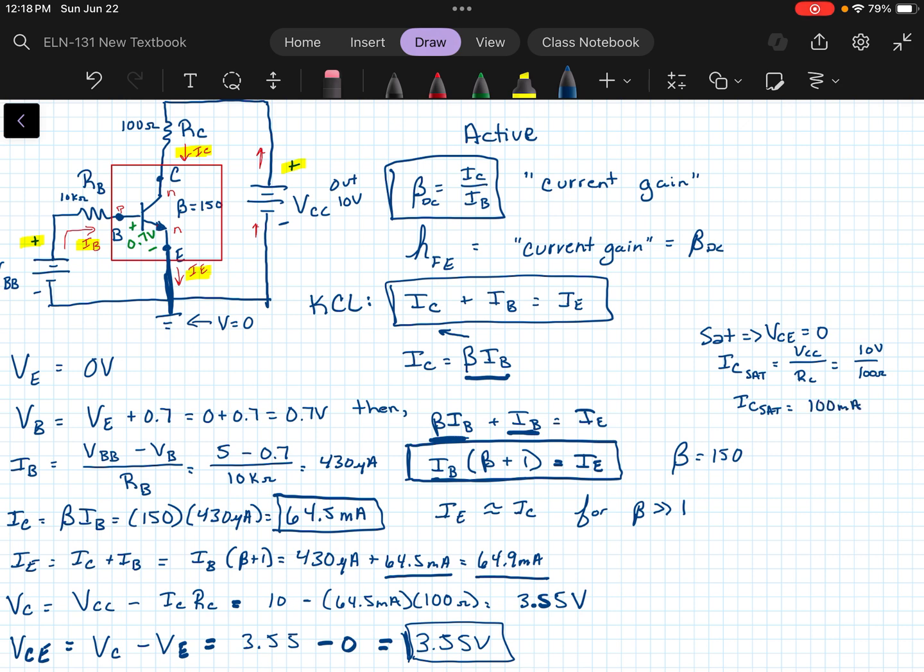We already see that our IC is a good bit smaller than the 100 milliamps we would expect to see if we were in saturation. That would be the max that you would see.